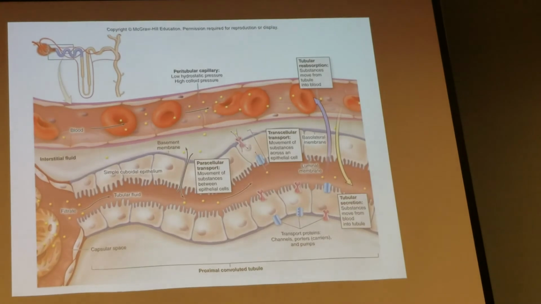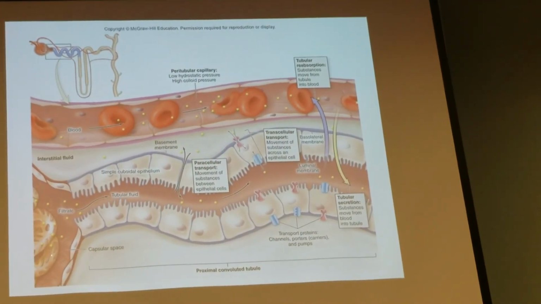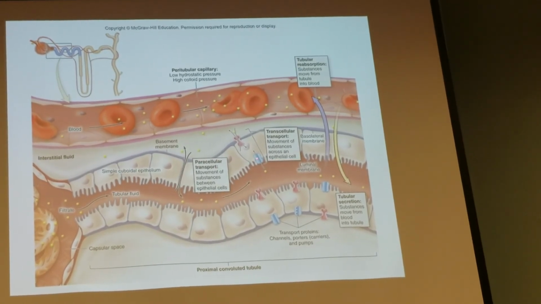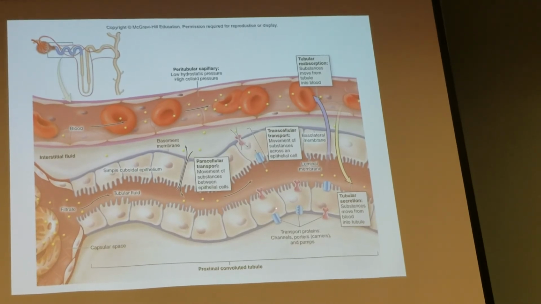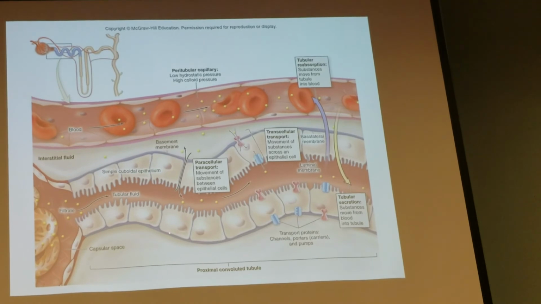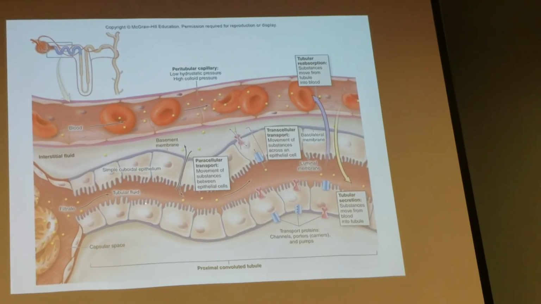We can see that by looking at this first. So there's my glomerulus, right? This is your proximal convoluted tubule. And how do we know it's the proximal convoluted tubule? Because it says so right there. These are simple cuboidal epithelial cells. And as I teased the first lab group, you guys see those microvilli?